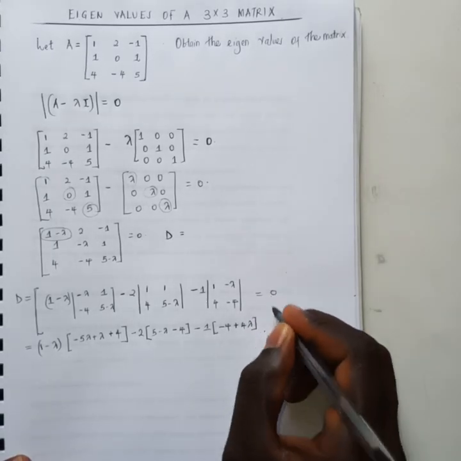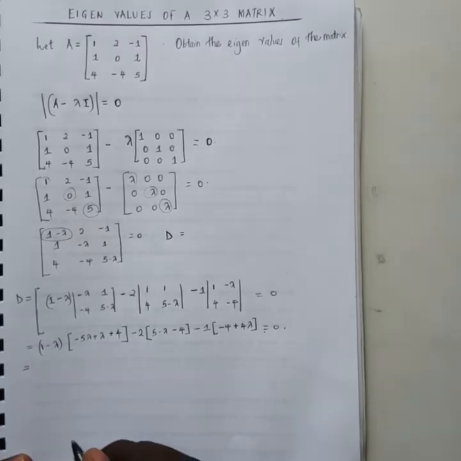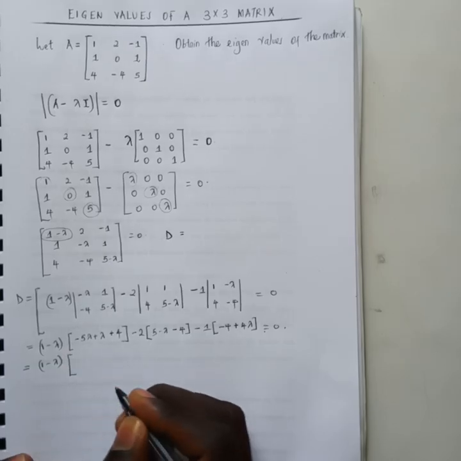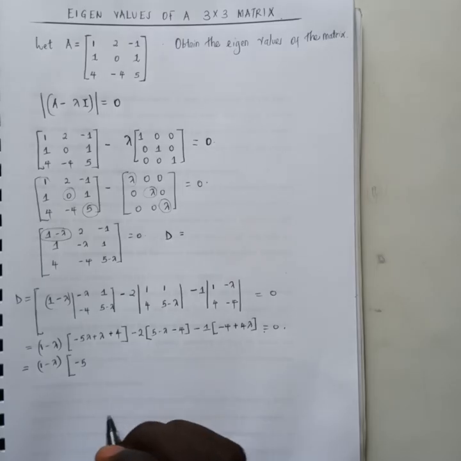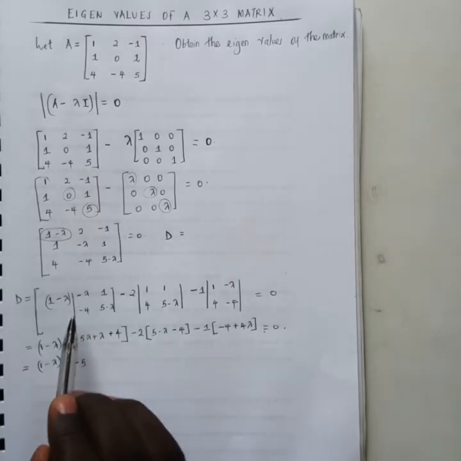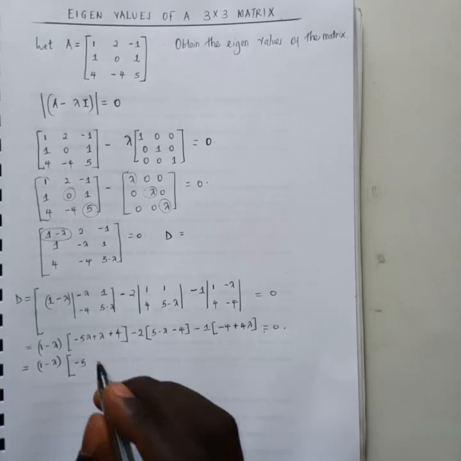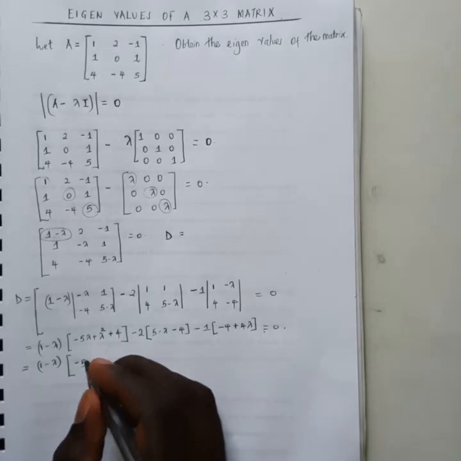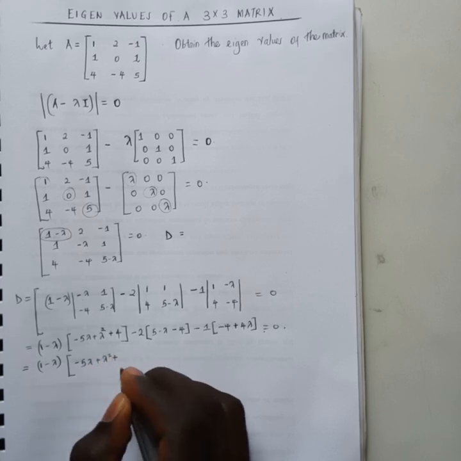This one should be equal to 0, and here we have 1 minus lambda into -5. I'm sorry, here we had negative lambda times negative lambda, that was to give us positive lambda squared. So we'll be having -5 lambda plus lambda squared plus 4.